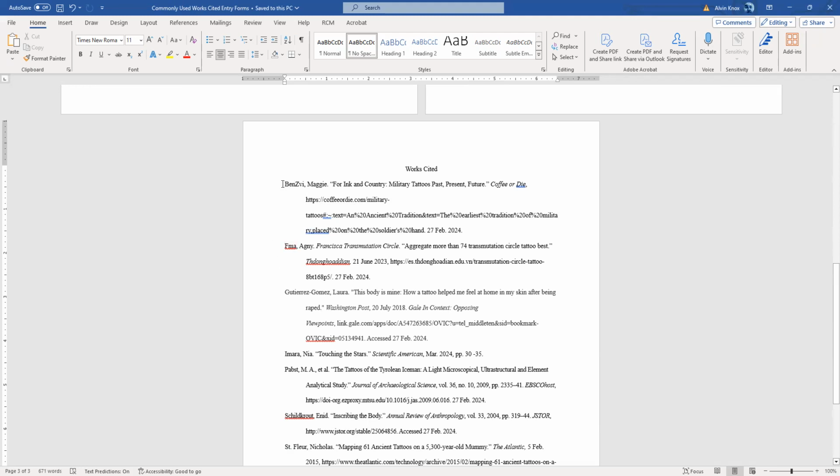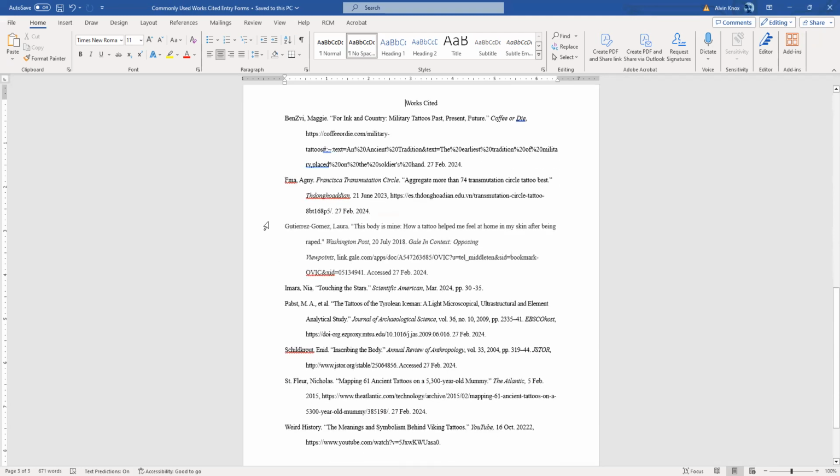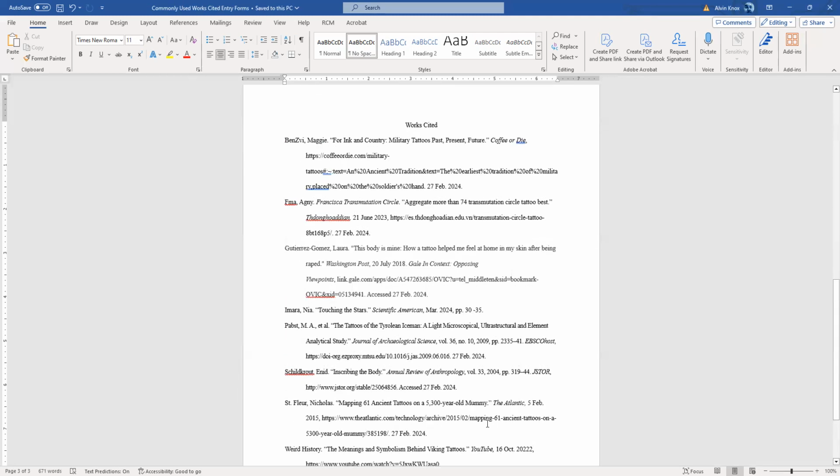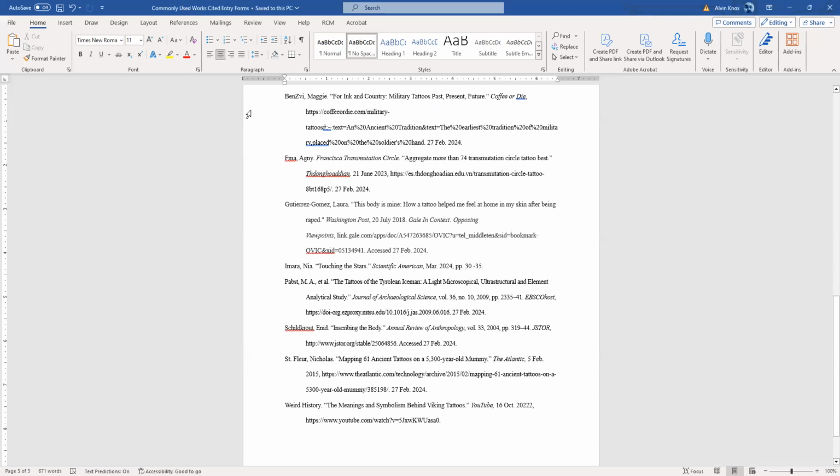First line on the left margin, subsequent lines indented. Carry on, right? This is all 8 sources in proper order. This is exactly what the works cited page for the stuff I did yesterday would look like.